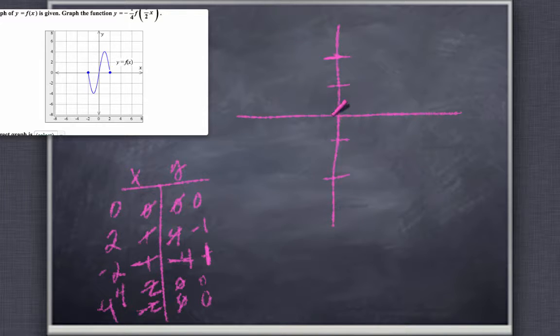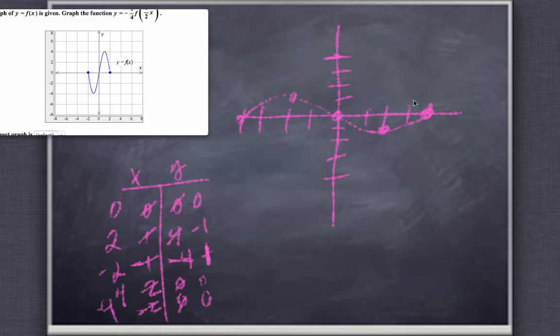So the points now are 0, 0, 2, negative 1, negative 2, 1, 4, 0, negative 4, 0, and it's still going to have that same shape.